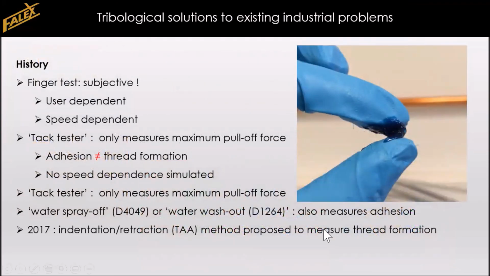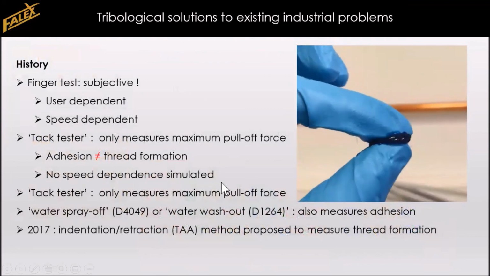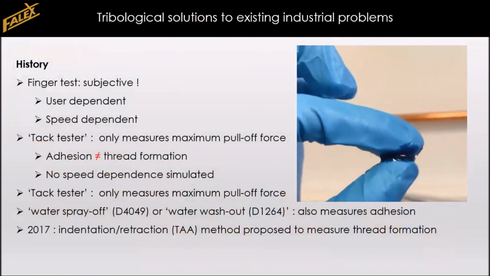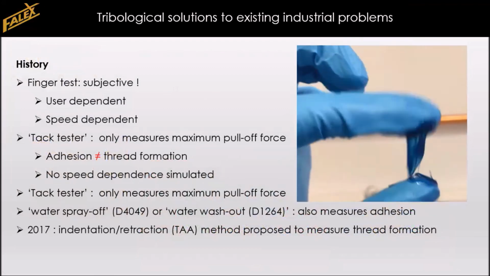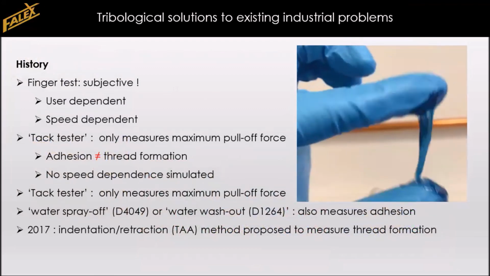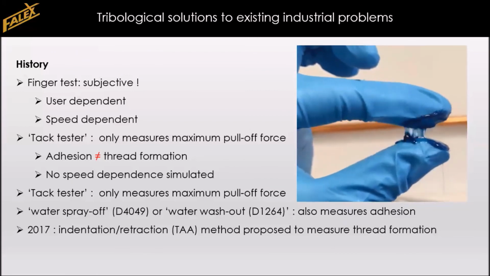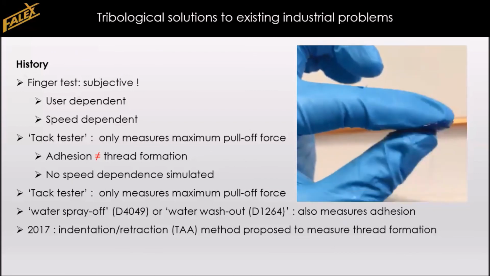Historically, for evaluating the tackiness, this finger test is being used, where you place a volume of grease between your fingers and pull it apart, and you observe whether you are forming any threads and how long they are. The problem with this is that it is definitely a user-dependent test, and we can see here that it is also speed-dependent.